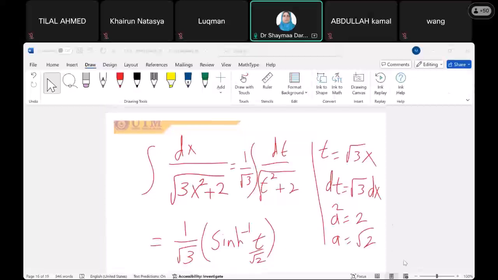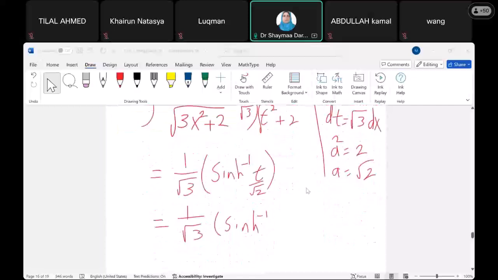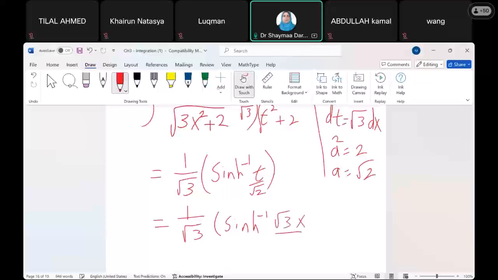So you have sine inverse of t over square root of 2. You cannot stop here. You have to write back your integration in terms of x. So square root of 3x over 2 plus constant.